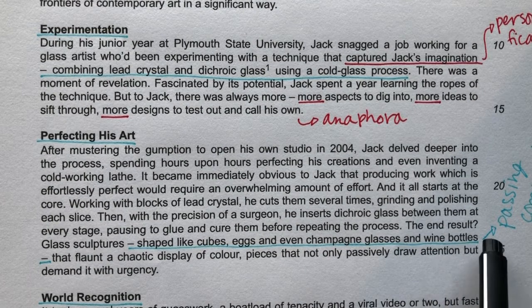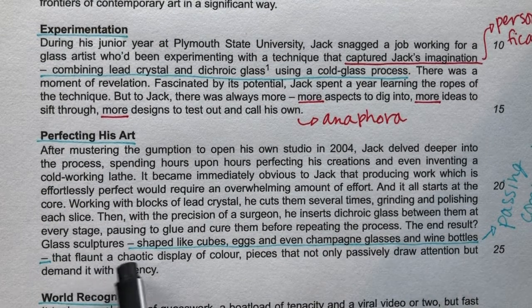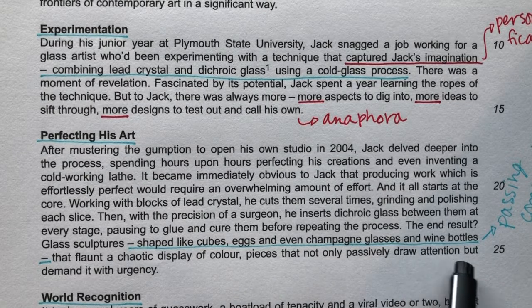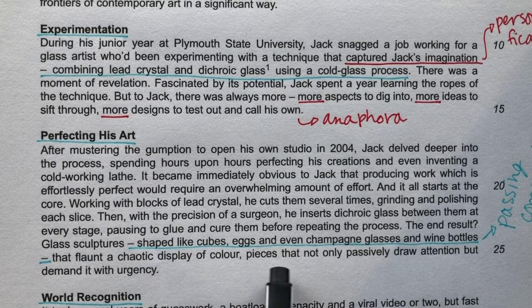The end result? Glass sculptures shaped like cube eggs, and even champagne glasses and wine bottles that flaunt a chaotic display of color pieces that not only passively draw attention but demand it with urgency.